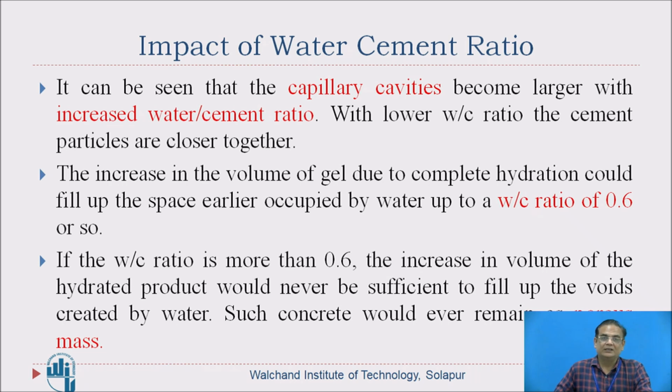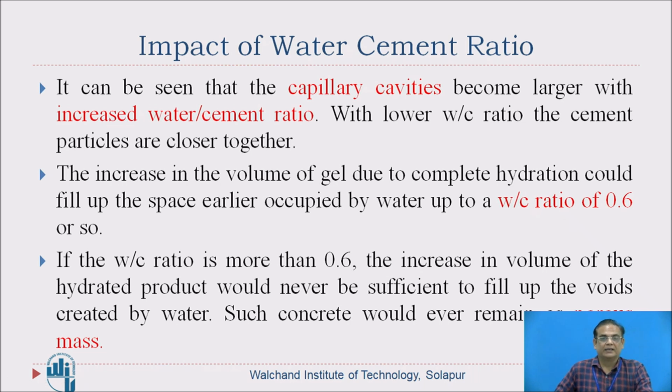From the discussions which we carried out up till now, it is seen that the capillary cavities become larger with increased water cement ratio. With lower water cement ratio, the cement particles are closer together. The increase in the volume of gel due to complete hydration could fill up the space earlier occupied by water up to a water cement ratio of 0.6 or so.